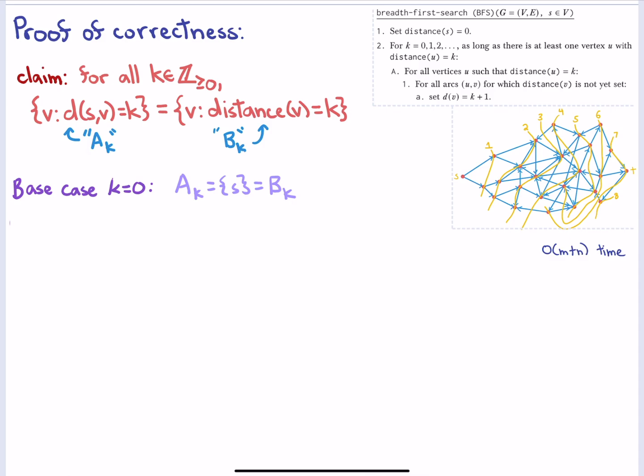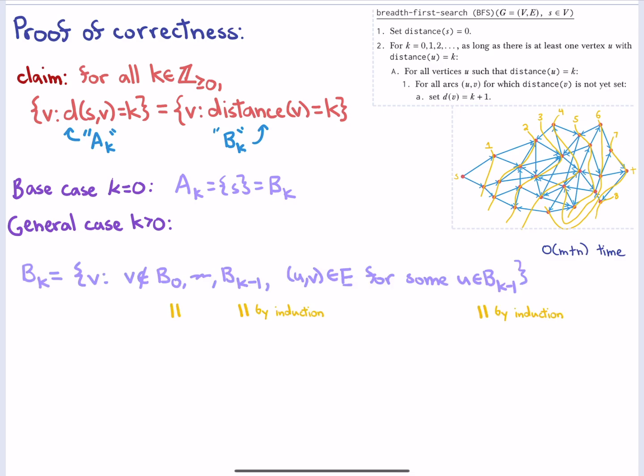Okay, so that's not too interesting. So in the general case, we have some distance k greater than 0. If I write down a definition of BK, that didn't go as I had hoped, but that's okay.